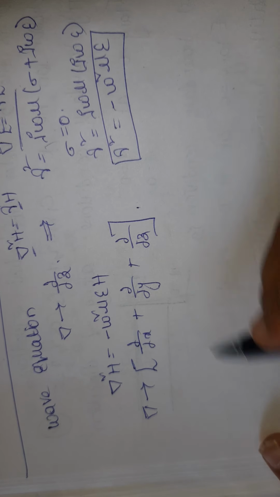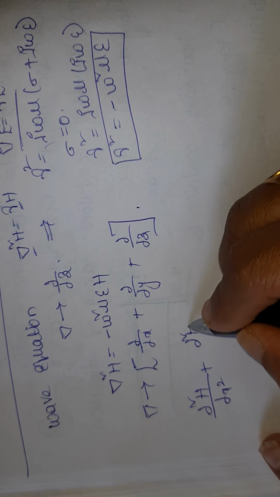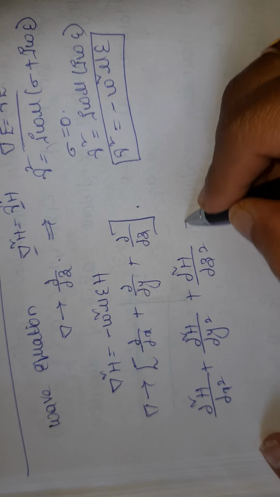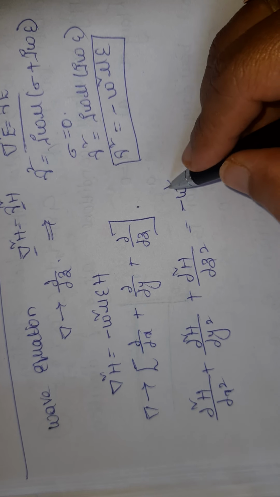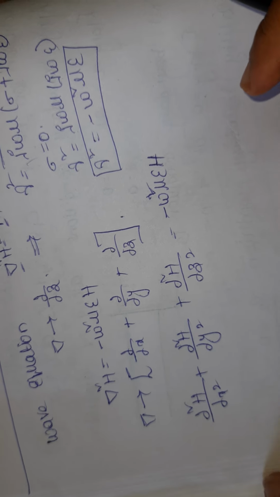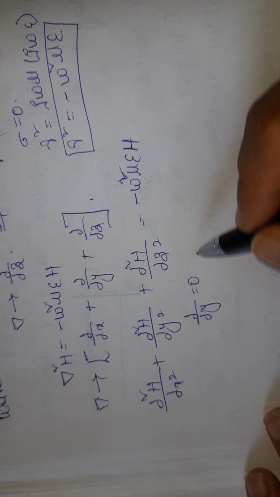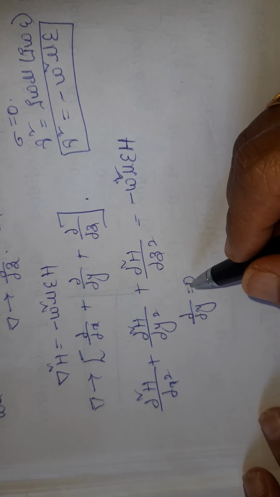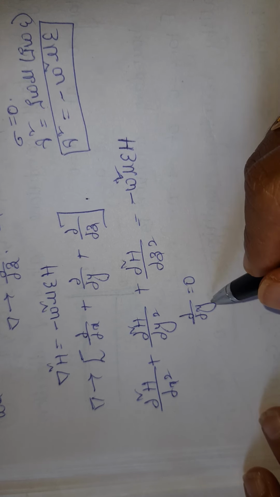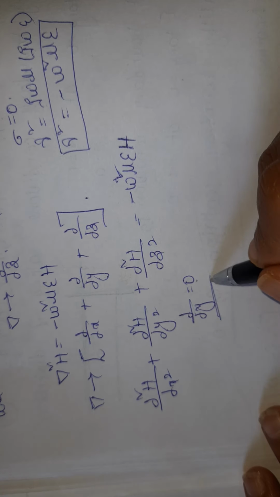So dou square H by dou x square plus dou square H by dou y square plus dou square H by dou z square is equal to minus omega square mu epsilon H. Here dou by dou y is equal to 0, because in the parallel plate waveguide the field is constant along the y direction, and differentiating a constant gives 0. We already discussed this in the last session.